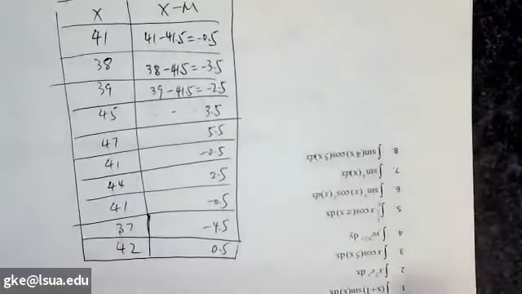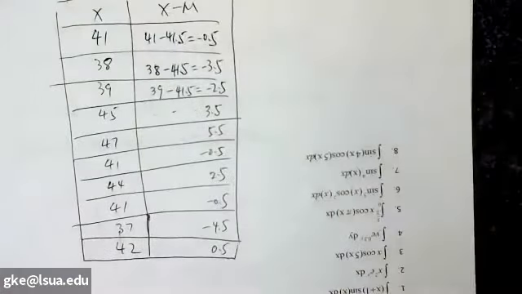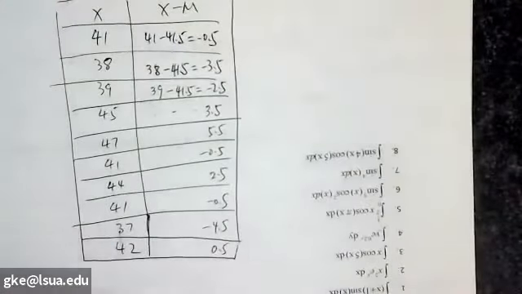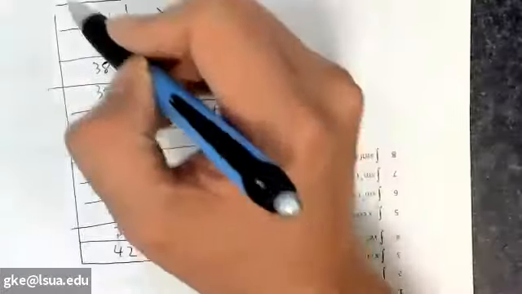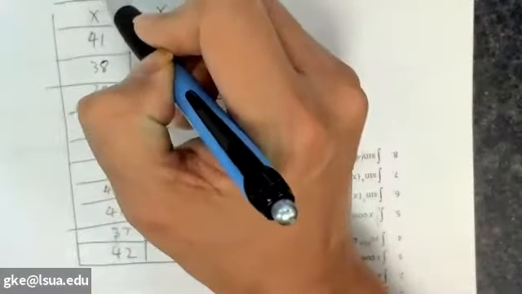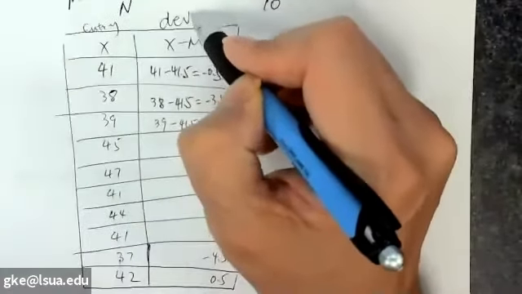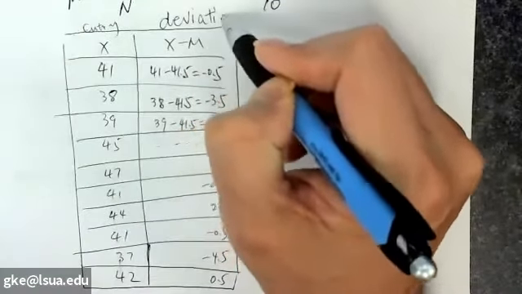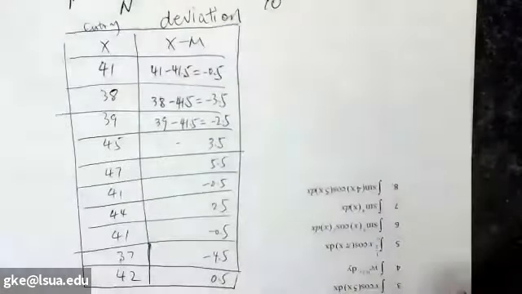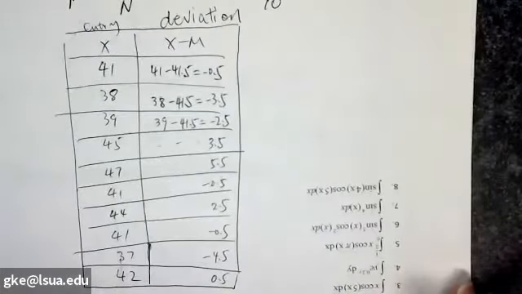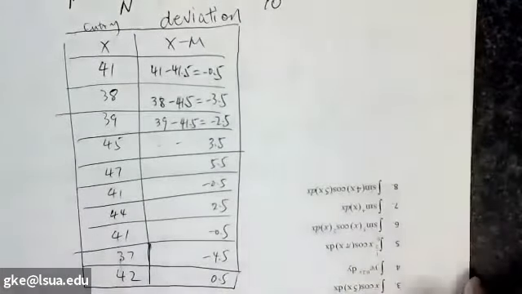So we finish this table, and we know the first column, that is entry, right? The second column is deviation, and that's what we want.